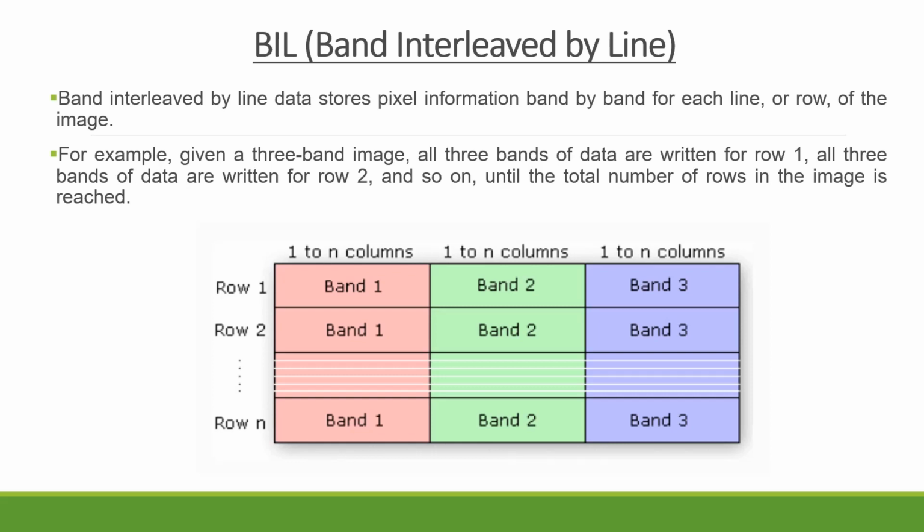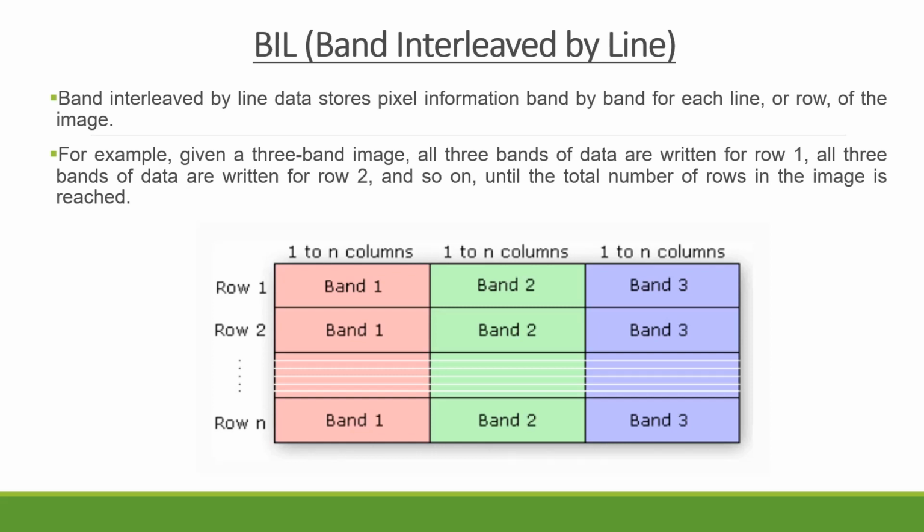Then we store the first line of the second band, and after that the first whole line of the third band. When our bands are finished, we continue again from the first band, but this time we save the second line of the first band, then the second line of the second band, and then the second line of the third band, and so on. This process is repeated until all the lines of all the bands are saved.